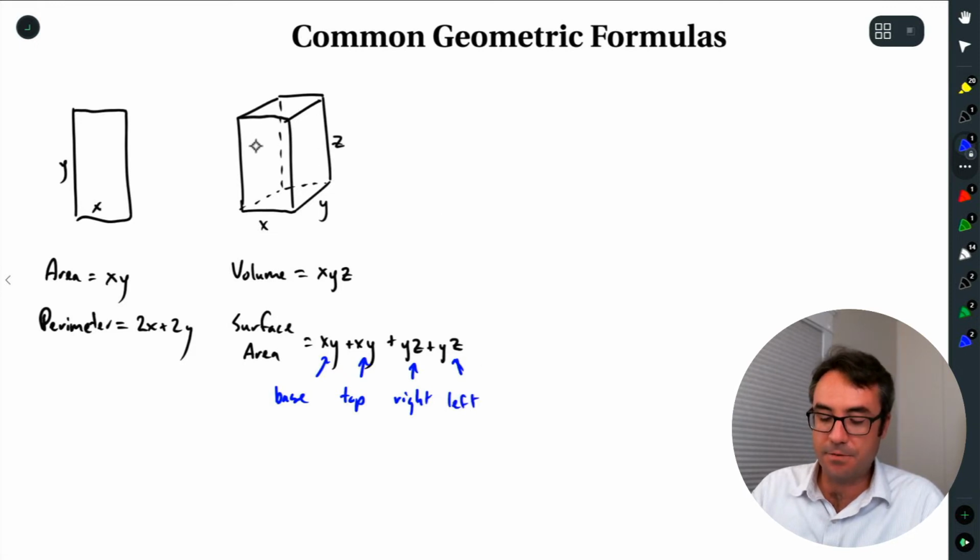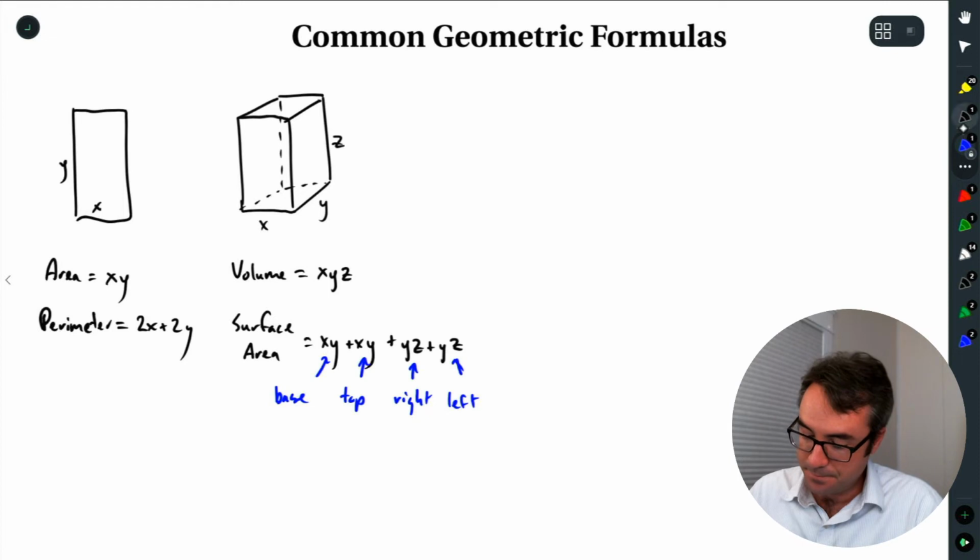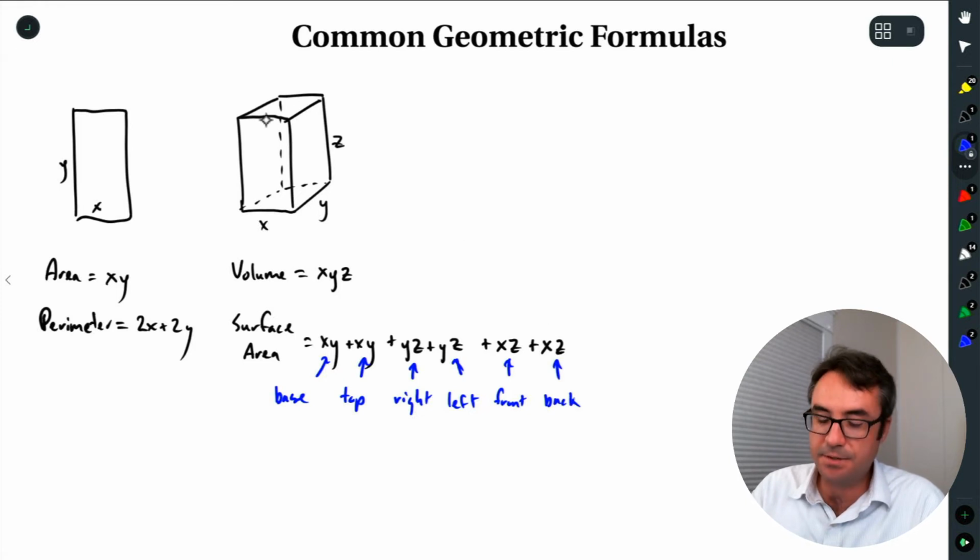The front face is x wide and z tall, so its area is x times z, and the back is also x times z. So for surface area, there's 6 sides to this box, and we're adding up the area of all of those sides.